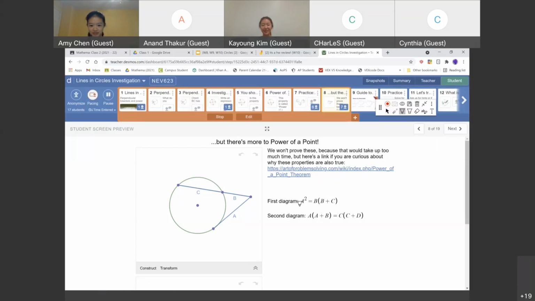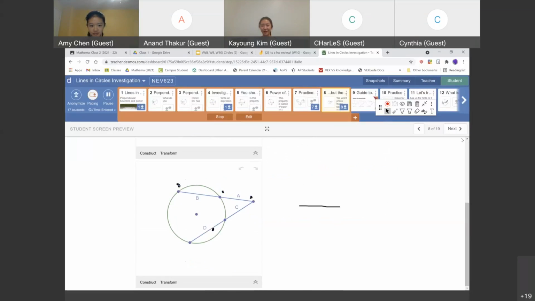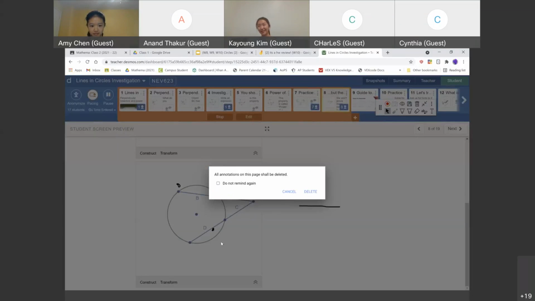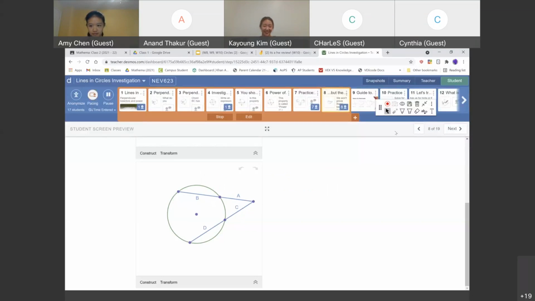The first one at the top has 2 points on the circumference of the circle and 1 point outside of it. The difference between this one and the second one when you scroll down is that one of the lines from the outside point doesn't go through a second point of the circle.